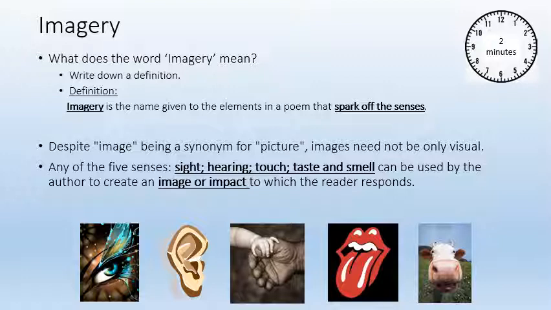Images aren't necessarily visual. Any of the 5 senses, sight, hearing, touch, taste and smell, can be used by the author to create an image or impact to which the reader responds. All we need to do for that slide is to understand it and to write down the definition of imagery. And I think that definition of imagery is fine, actually.